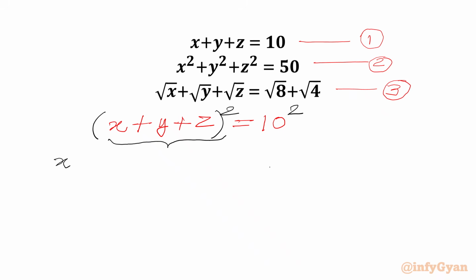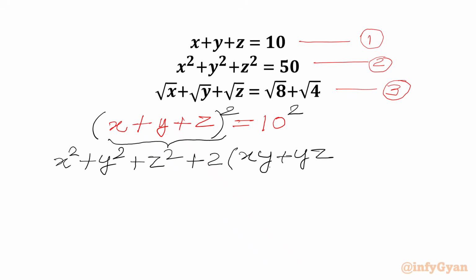So we can write x square plus y square plus z square plus 2 times (xy plus yz plus zx) will be equal to 10 square, which is 100.